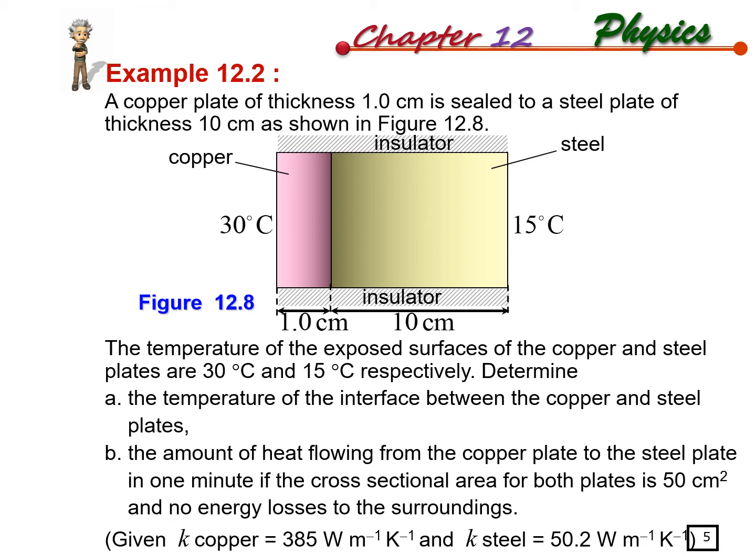For question B, the amount of heat flowing from the copper plate to the steel plate in 1 minute, if the cross-sectional area of both plates is 50 centimeter square and no energy is lost to the surroundings. The thermal conductivity of copper is given as 385, and the thermal conductivity of steel is given as 50.2.